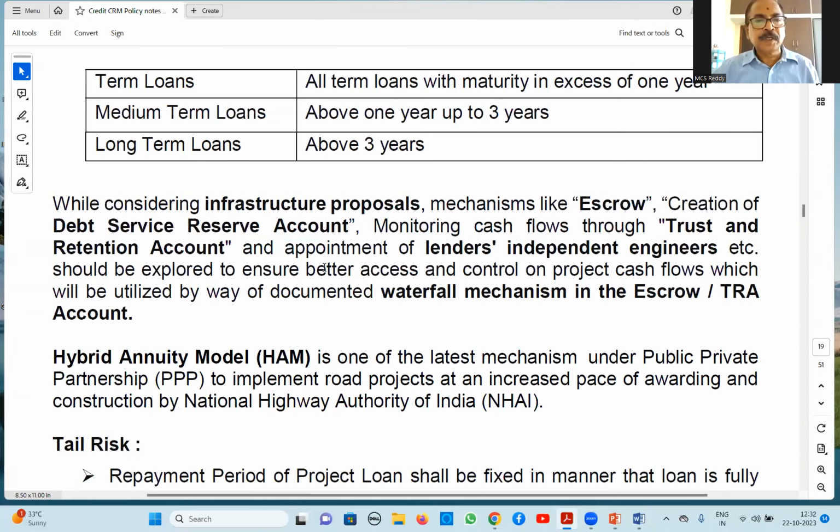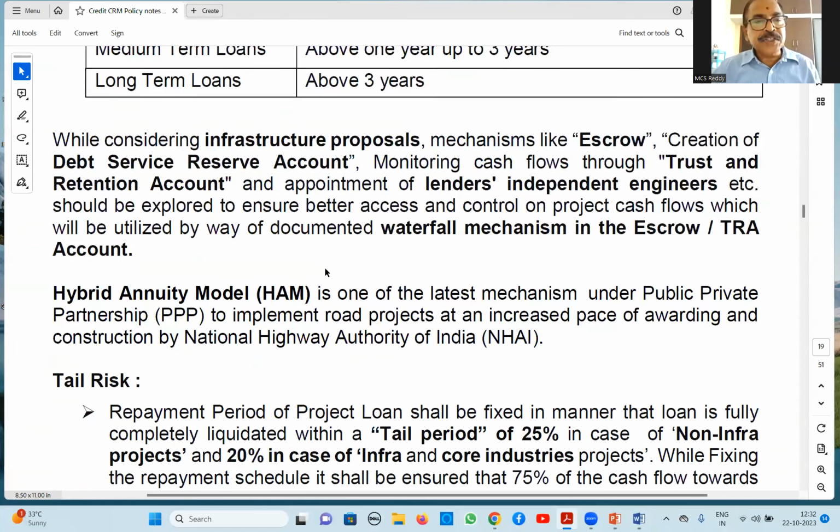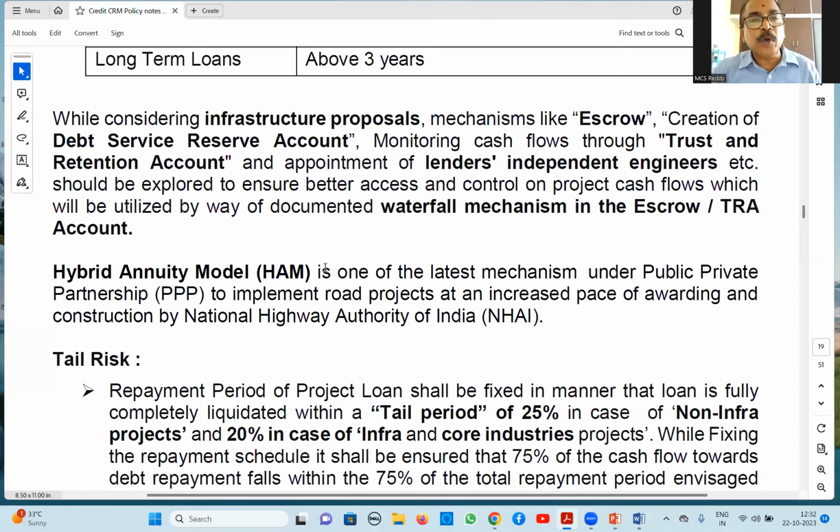Next, while considering infrastructure proposals, mechanisms like escrow, creation of debt service reserve accounts, monitoring cash flows through trust and retention accounts, and appointment of lenders' independent engineers, etc., should be explored to ensure better access and control on project cash flows, which will be utilized by way of a documented waterfall mechanism in the escrow or TRA account.